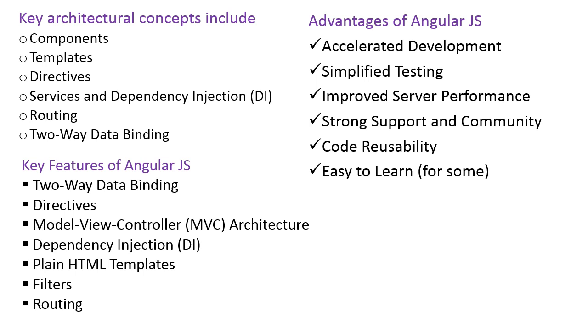Some of the key features of AngularJS: two-way data binding, directives, model view controller architecture, dependency injection, plain HTML templates, filters, routing. Advantages of AngularJS: accelerated development, simplified testing, improved server performance, strong support and community, code reusability, easy to learn.